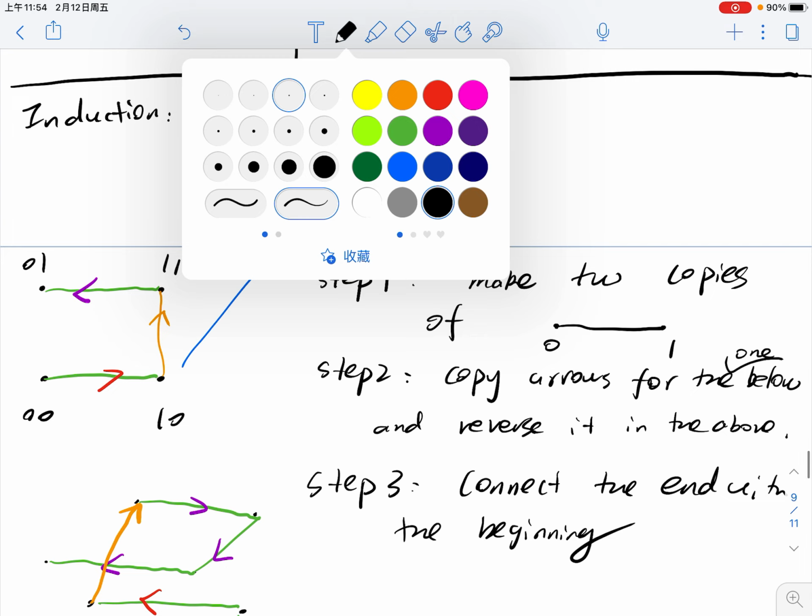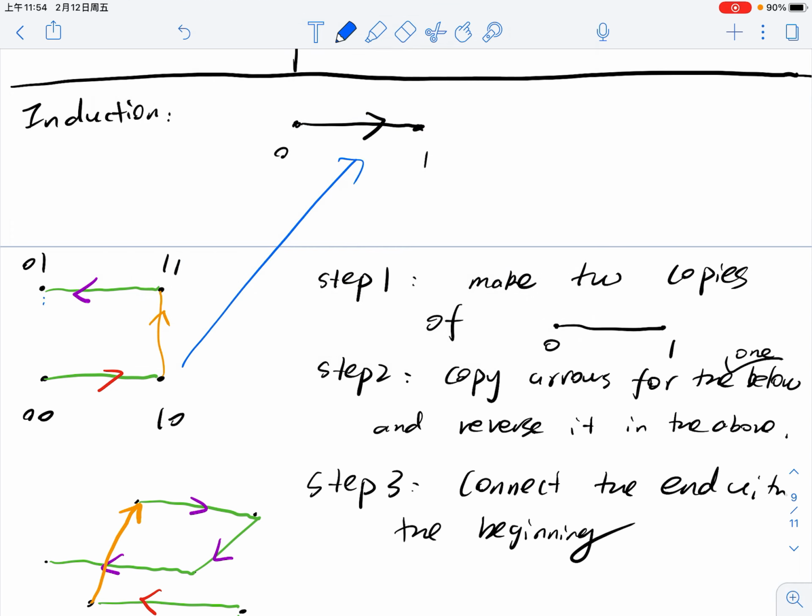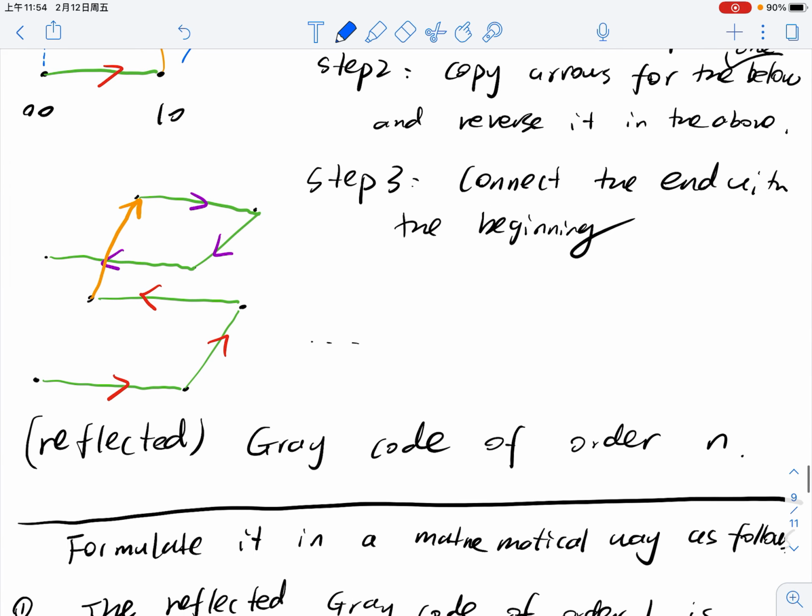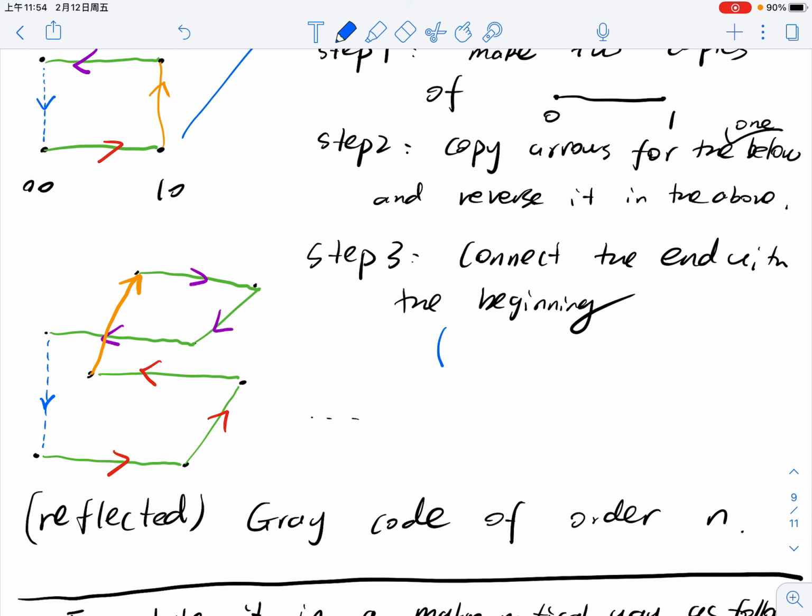That means although we didn't draw it, actually you do have a closed loop. So for example here, and then here. So this is connecting the beginning to the end.